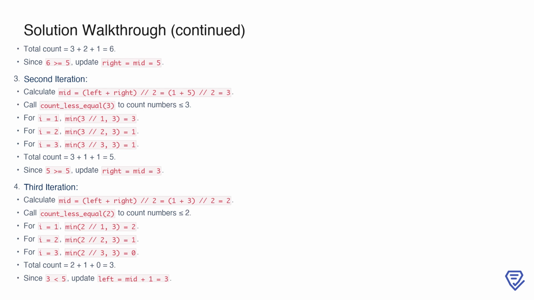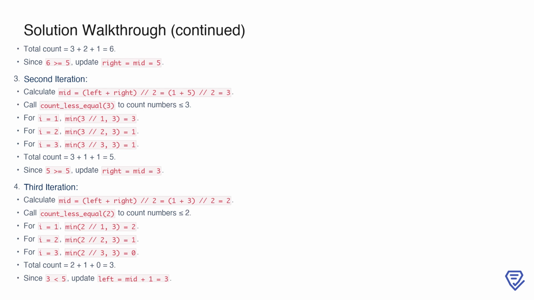For the first row, the contribution is min(3//1, 3) equals 3. For the second row, it is min(3//2, 3) equals 1, and for the third row, it is min(3//3, 3) equals 1. This gives a total count of 3 plus 1 plus 1, which is 5. Since this count is still greater than or equal to k, we update right to mid, making right equals 3.